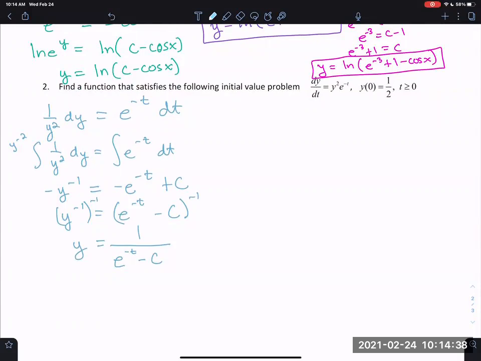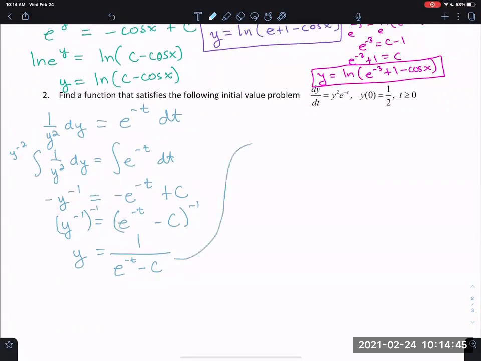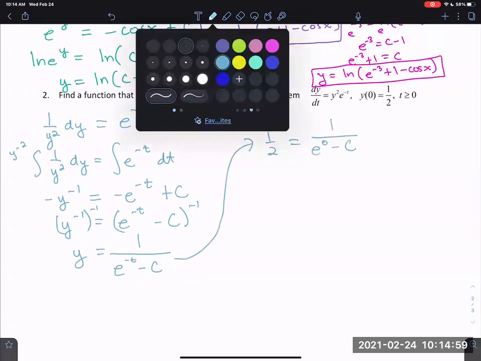And I have my initial condition of 0, comma 1/2. So I'm going to go ahead and start trying to find my c. So I've got 1 minus c, right?